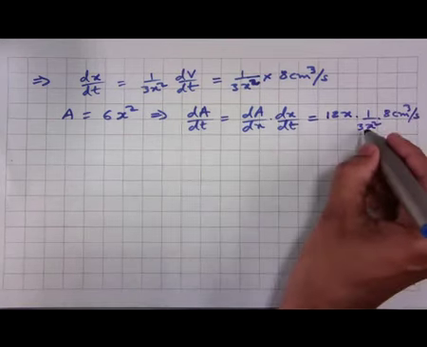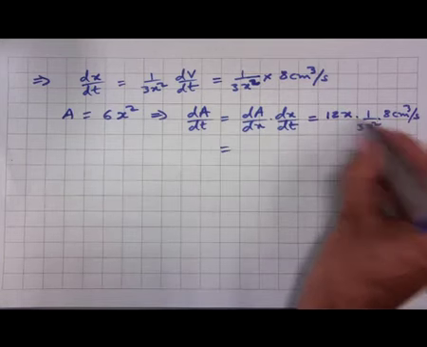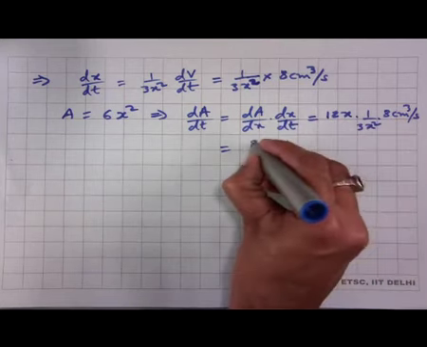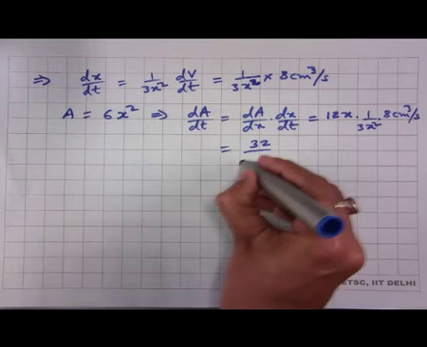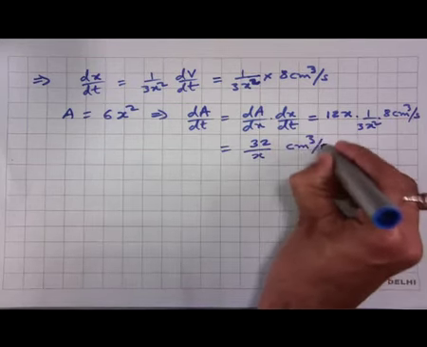So, this can be simplified and we get x cancels and 12 by 3 is 4. So, this is 32 divided by x centimeter cube per second.